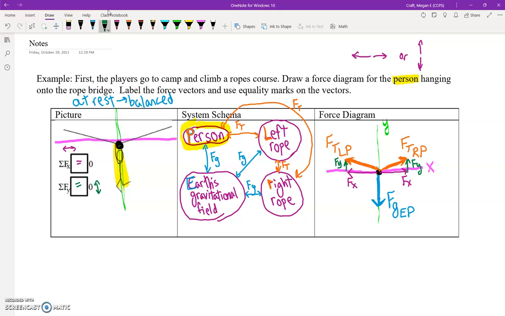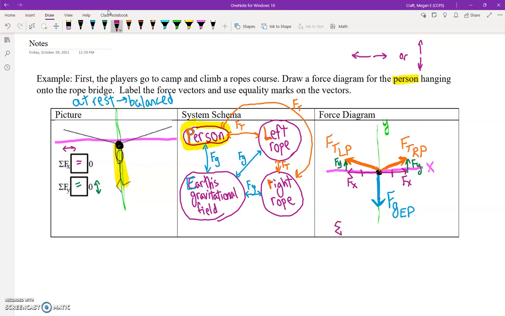Looking at this force diagram, I can tell that my X direction is balanced out because these two X components are equal, and those are the only two X forces. Gravity is not pulling in the X direction, so we don't have to compare it for the X direction.